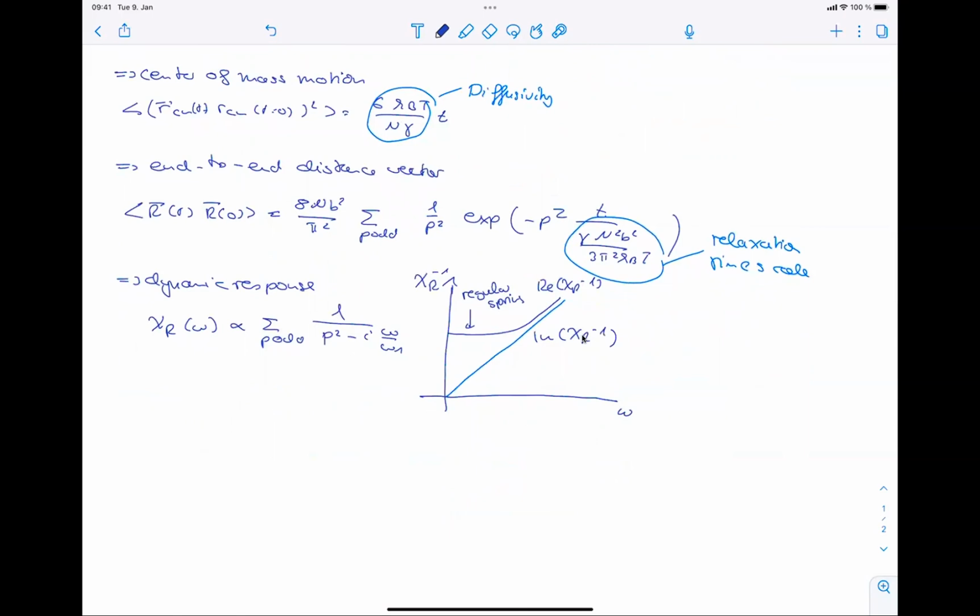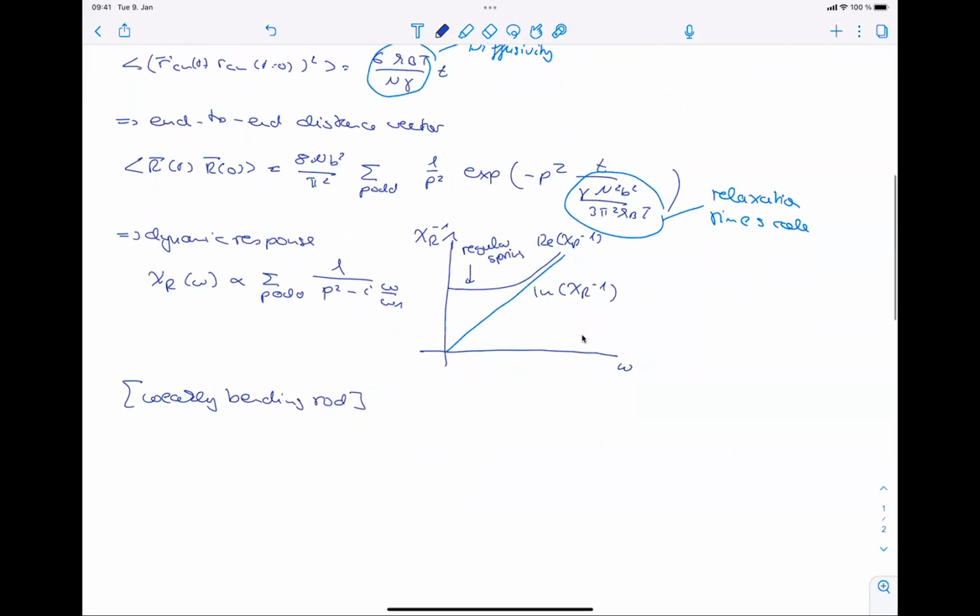And then as a second, we looked at the weakly bending rods, knowing that we should take into account the semi-flexibility of polymers, and saw that for this, we can write down an equation for the undulations. This is looking at the weakly bending rod in 2 dimensions.